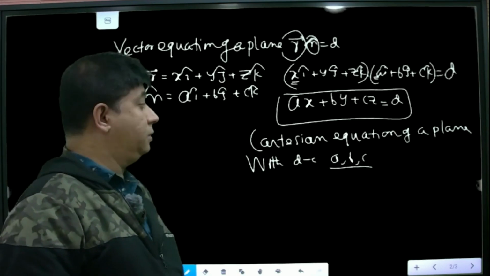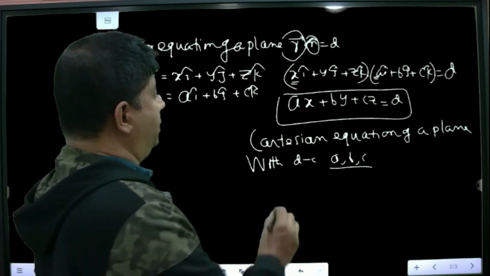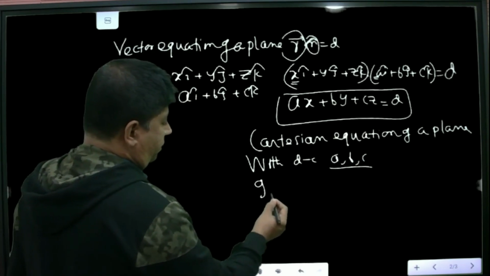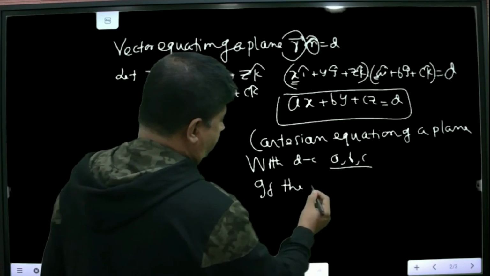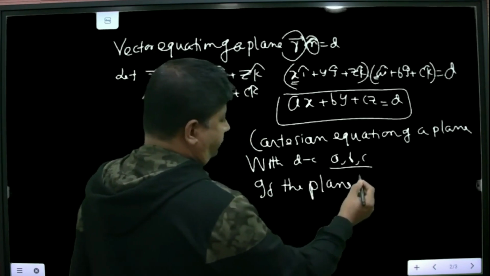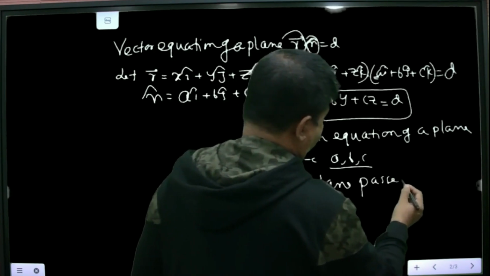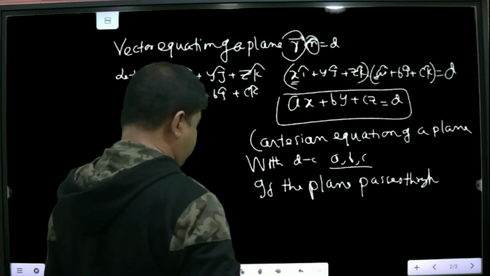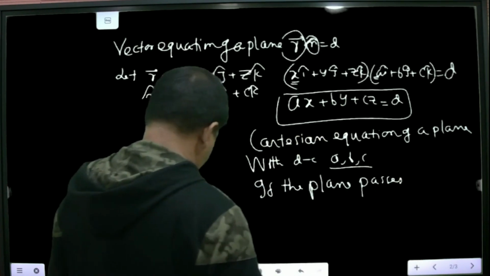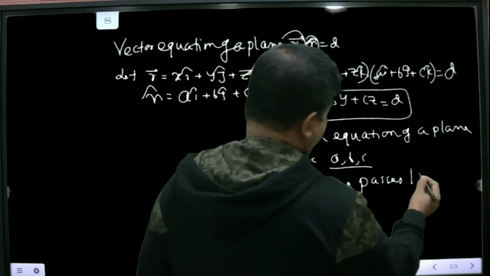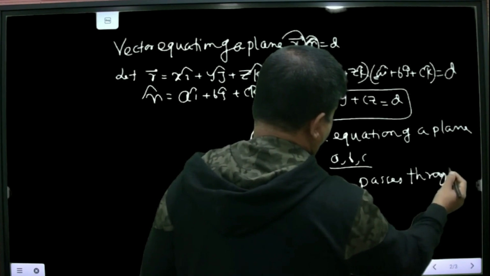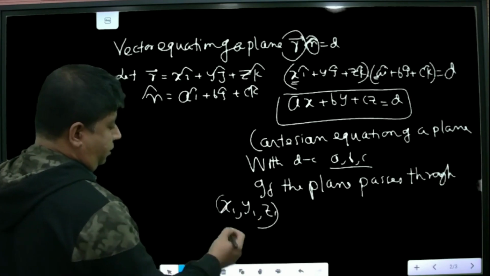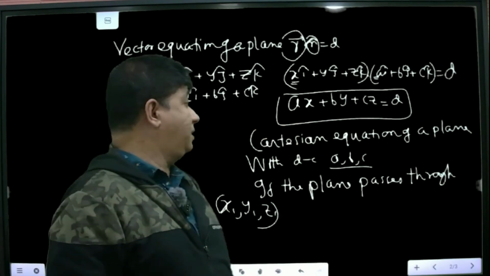Now, suppose this plane passes through x1, y1, z1. If the plane passes through x1, y1, z1, that means this point will satisfy the equation.